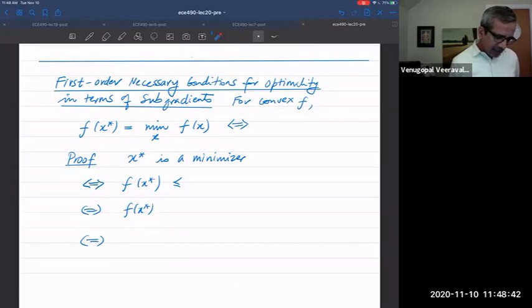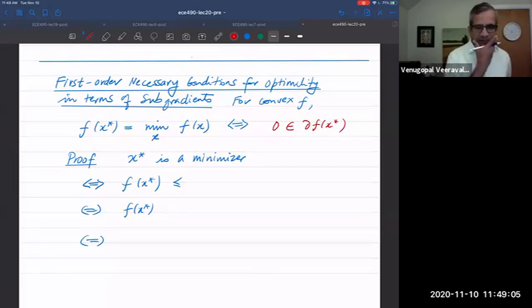It says that if f is convex and x star is a minimizer of f, then the subdifferential at x star must include 0. So 0 must belong to the subdifferential at x star. Of course, if gradients exist, then the subdifferential is unique, and that's the same as saying the gradient is 0.